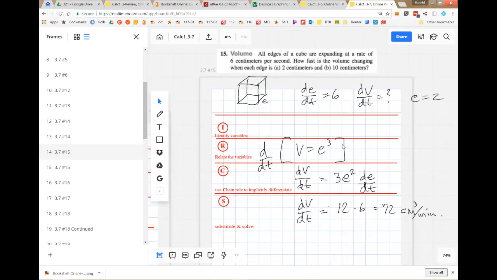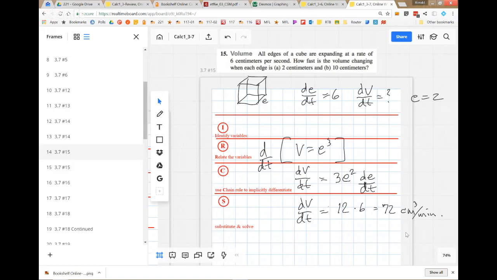On the right, 3E squared, and then chain rule, because E is not t, dE/dt. Now plug in your given information. We know the edge is 2. So 2 squared is 4. 4 times 3 is 12. The dE/dt is 6. And basically, that's how fast the volume is changing at that moment, 72 cubic centimeters per minute.